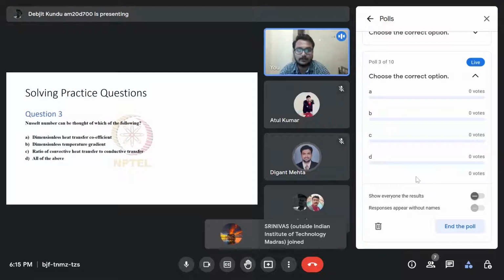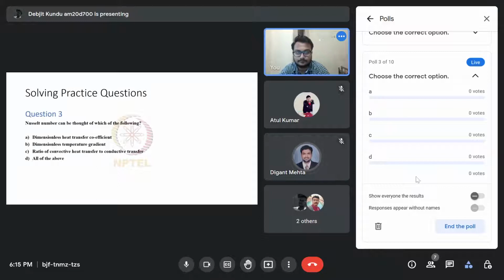And option D, all of the above. So it's basically regarding the definition and the different ways in which we can think of Nusselt number. Take a look at the options and pick out which one or which ones are correct.